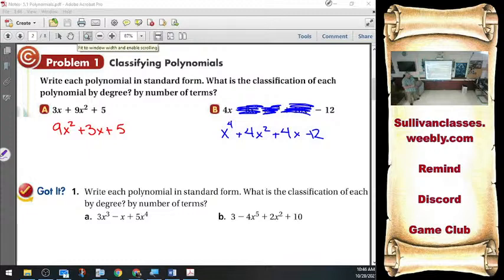The first one has 3 terms. So it's a trinomial. What is the degree of it? So it's called a quadratic. So I would call it a quadratic trinomial. Why don't I call it a trinomial quadratic?